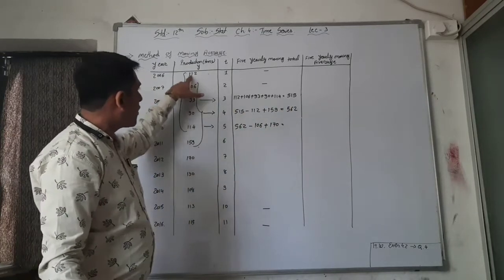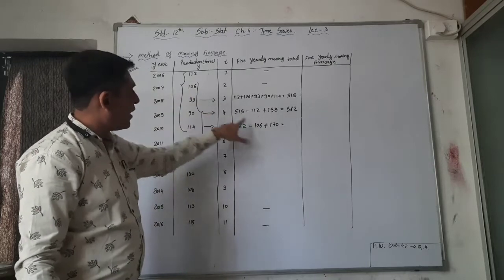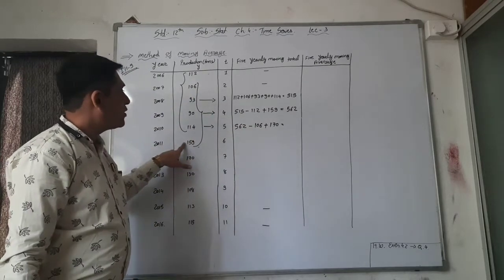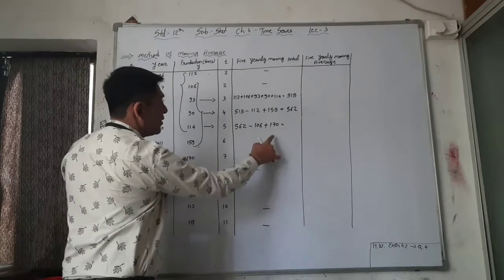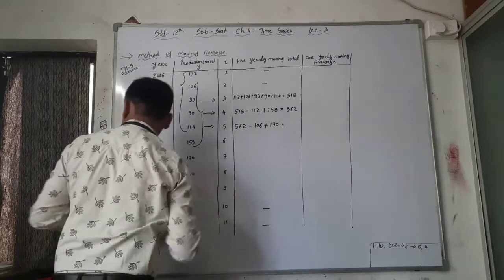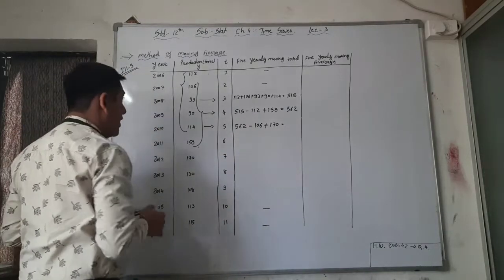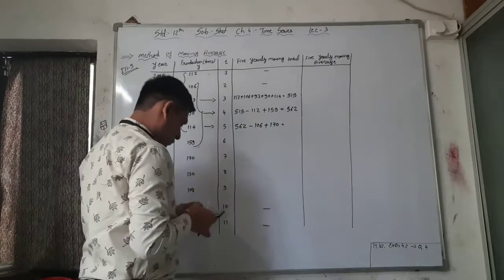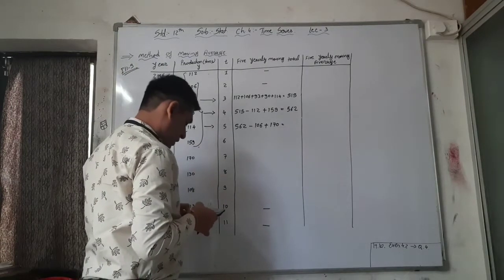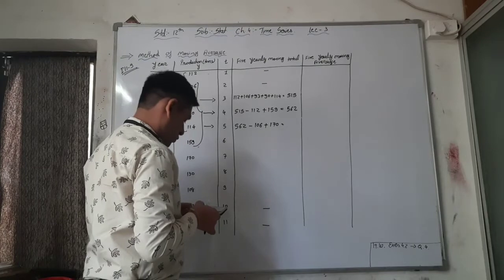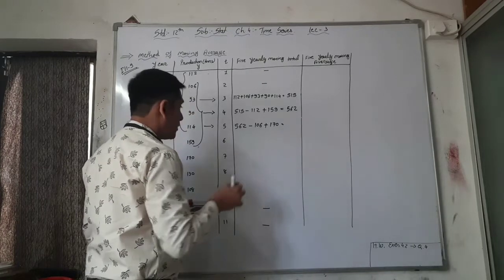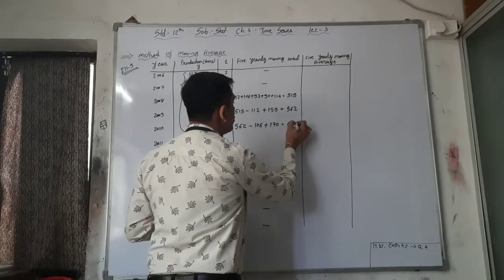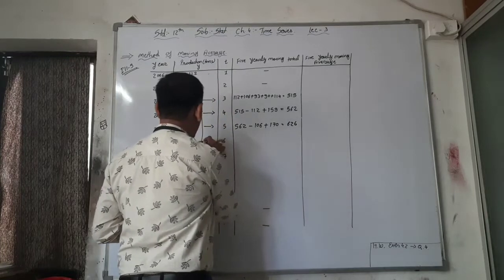We have to subtract the first one, then the second one. We have to add the sixth one here, then the seventh one. This is the main method to find out the 5 yearly moving total. 562 minus 106 plus 170, that is 626.